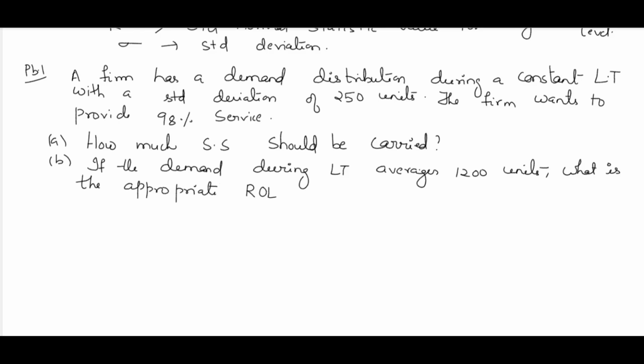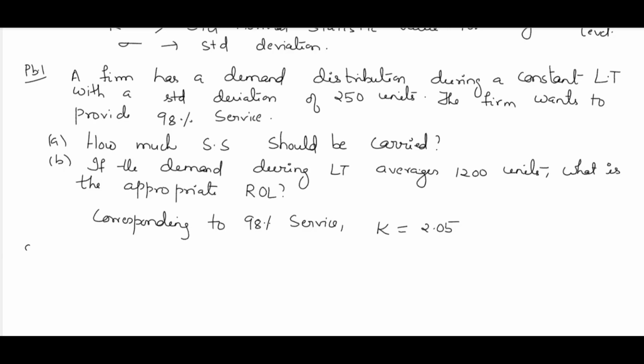And data given to you is that corresponding to 98% service level, K, from the normal distribution table, its value is 2.05. So these things are given in the question.